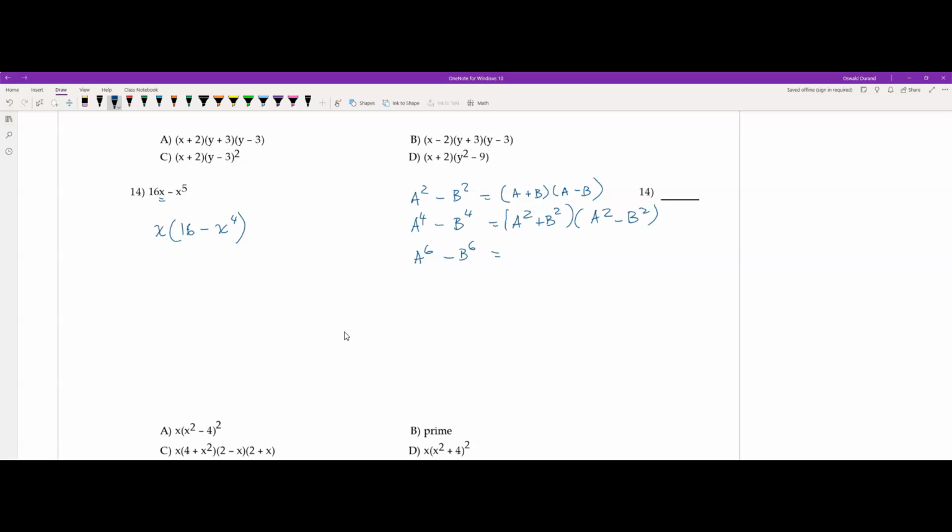So 4 squared, right? So 4 times 4. But also, you can write 16 as a product of 2 times 2 times 2 times 2, which makes it a perfect 4th power, right? And so it fits.